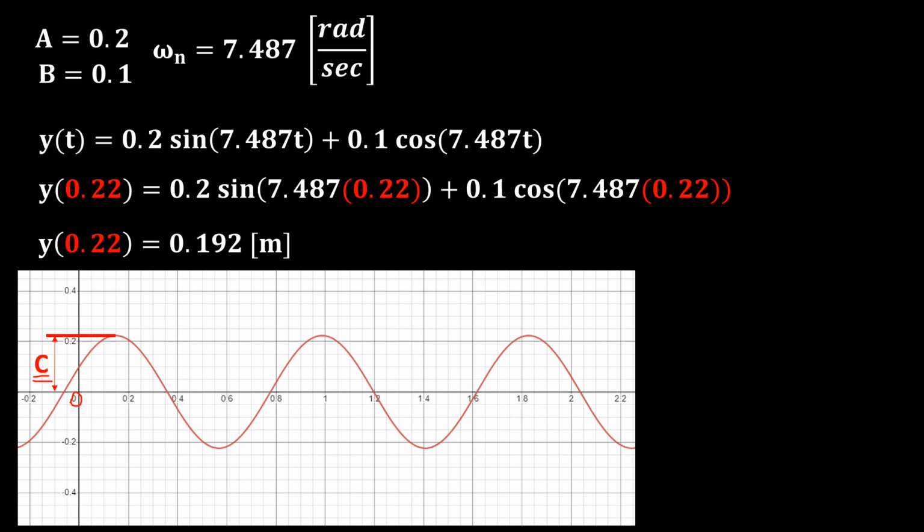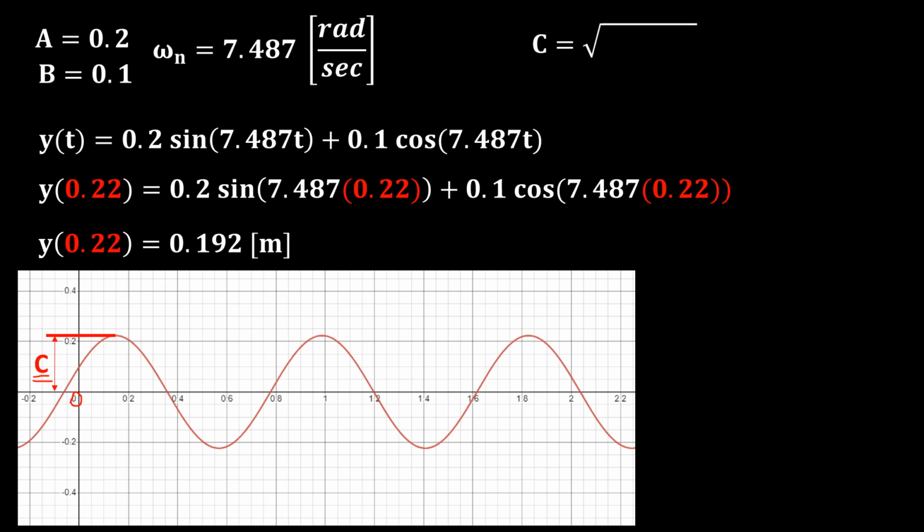So when we stretched the block, the spring applies a force opposite to that direction, and it compresses the spring to a maximum position, and then it goes down below the equilibrium position to a maximum position. So we want to know what is the amplitude of that.